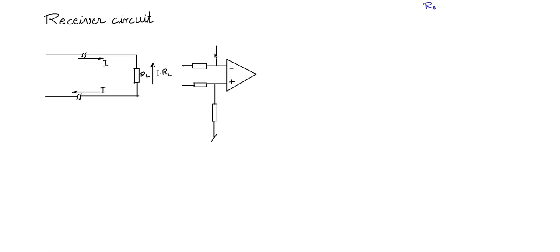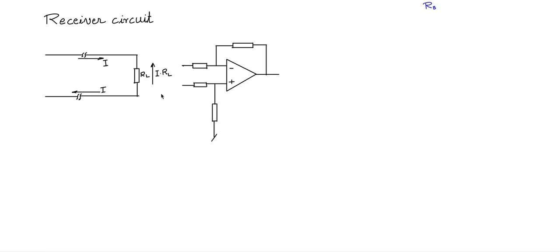At the inverting end, you have the regular resistors at the minus input and the feedback resistor combination. So here are the two voltages that would be given, and the difference between these two voltages. If this is V1 and this is V2, V1 minus V2 is what will appear here if all the resistances are equal. But I want to find the difference which is across this resistor, IRL.